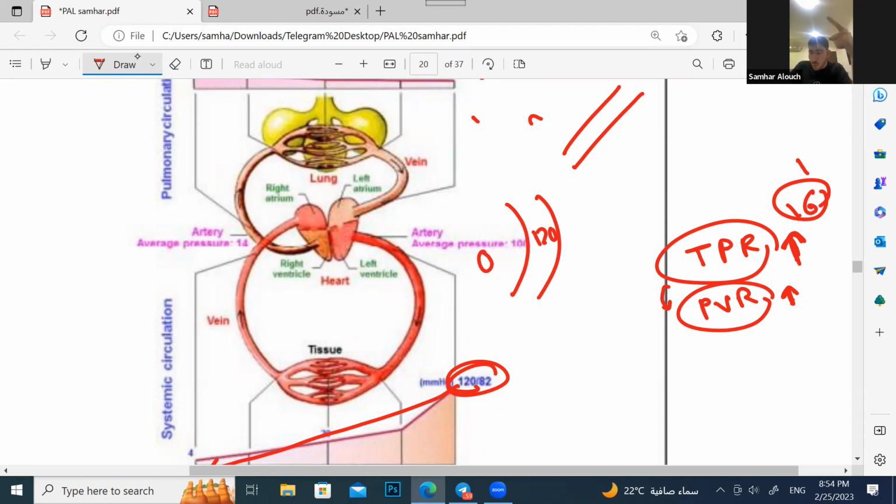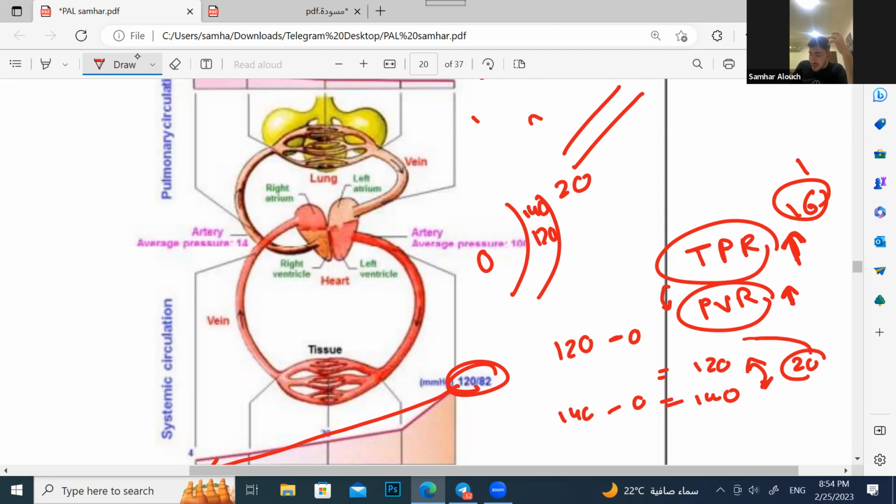And now I added 20 more, so now it becomes 140. 120 minus 0 is 120, and 140 minus 0 is 140. We notice that the difference is only 20, the 20 we added. And this 20 relative to the 120 is just 1/6. So it's not that big a difference. We added 20, but we already had 120. So this 20 is not playing a major role.